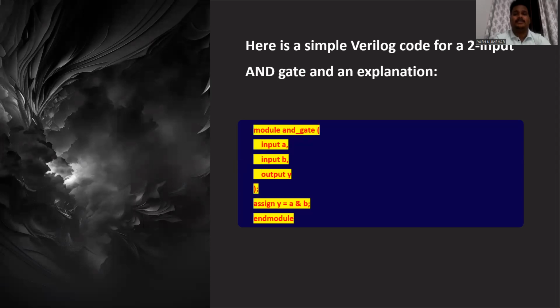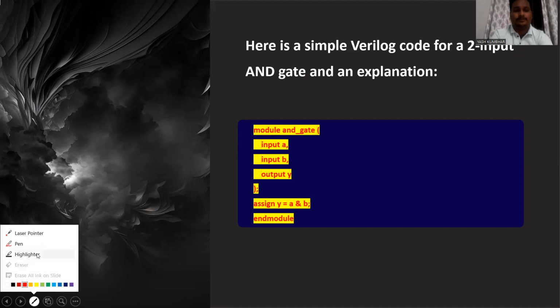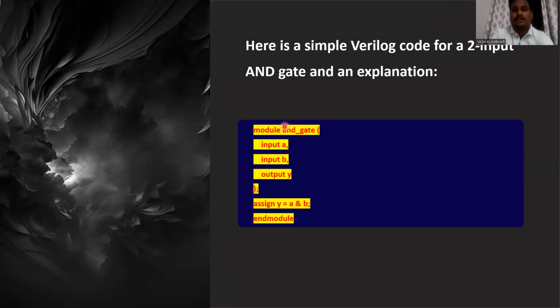A very simple example. We have taken a two input AND gate for our understanding. First, the keyword module, and and_gate is the name of the module.